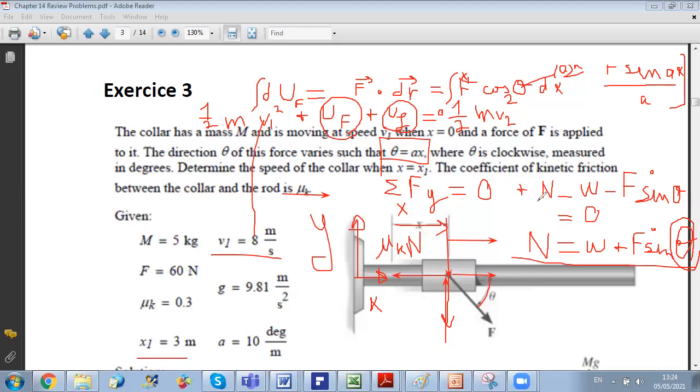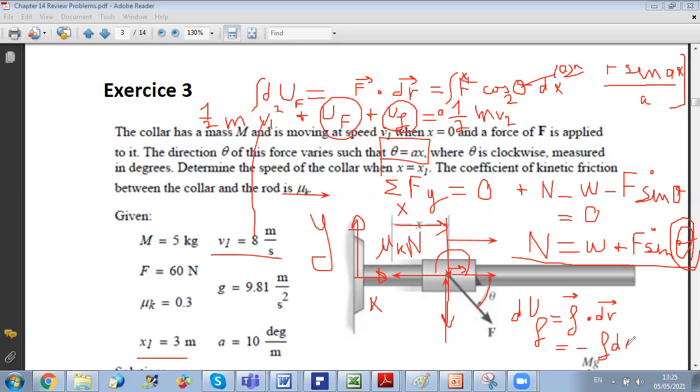So also here, to determine the work of the friction, you should say that the elementary work of the friction, small f vector, dot dr. And here, since your friction is opposing motion, when you do the dot product, what will it give you? The angle between dr, which is dx, and the friction is 180. So the dot product will give you minus the friction force times dx.